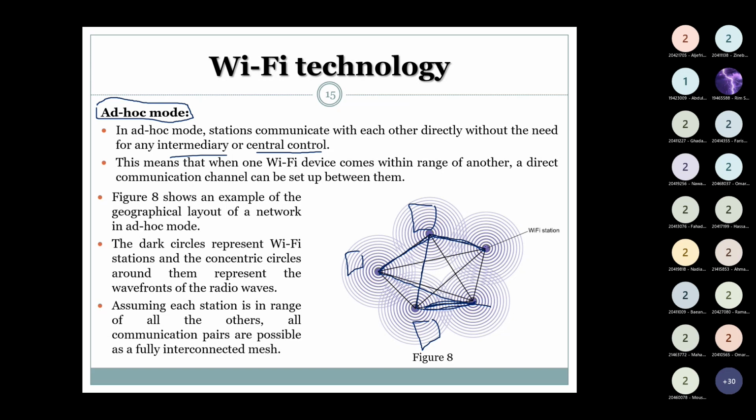Once we have some overlap between these two mobiles, they can communicate. So assuming each station is in range of all the others, all communication pairs are possible as a fully interconnected mesh.